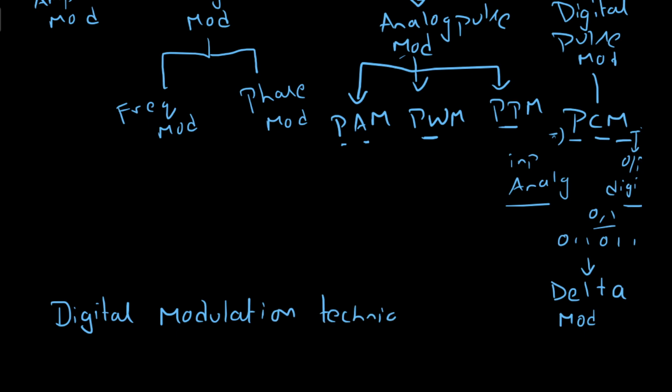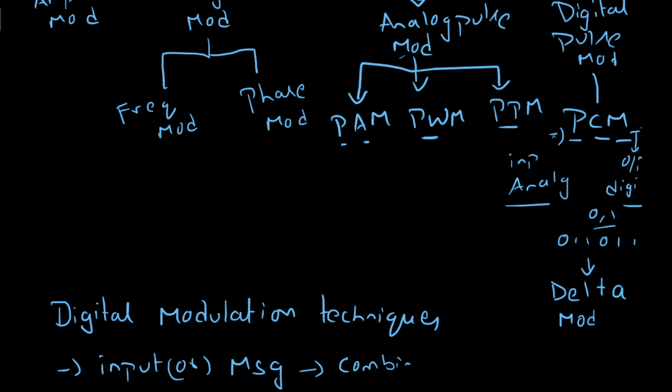In these digital modulation techniques, one input is the message signal, which is a combination of ones and zeros. What is the other input? It should be a carrier which is analog.